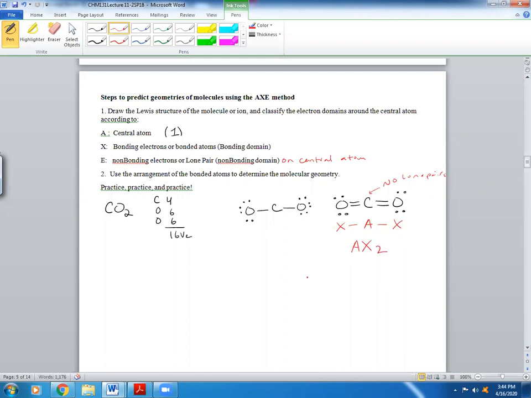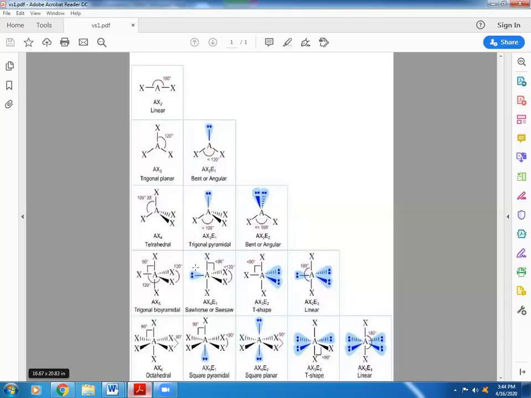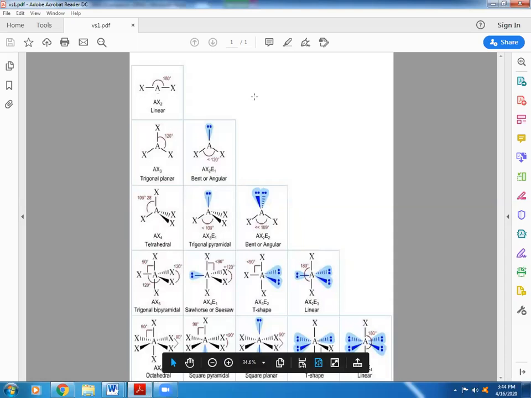AX2. Okay, let me erase this because we need to be able to draw here. Let's go now to our sheet. Find AX2. Here it is. AX2 is called linear, and the angle is 180.